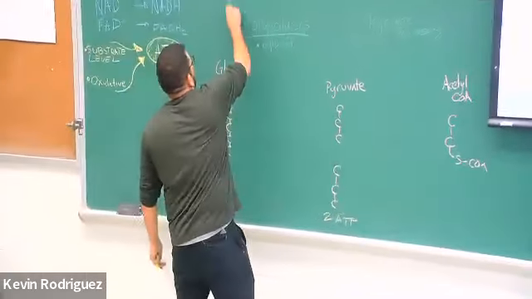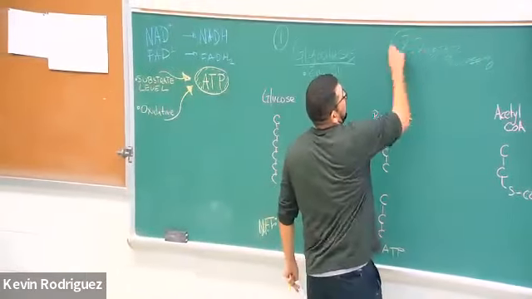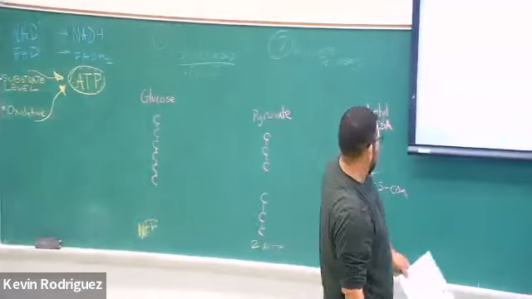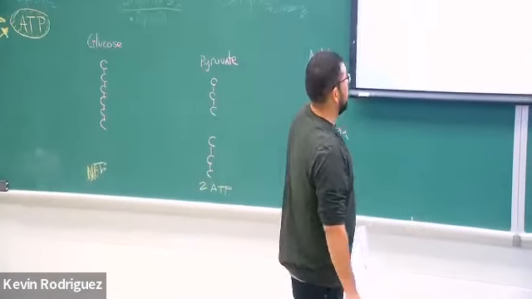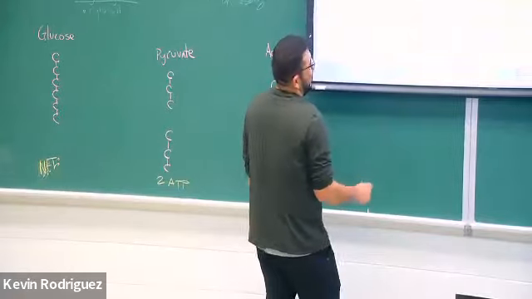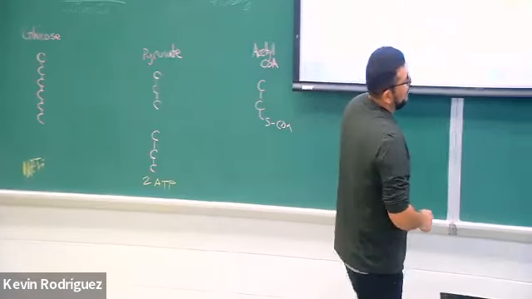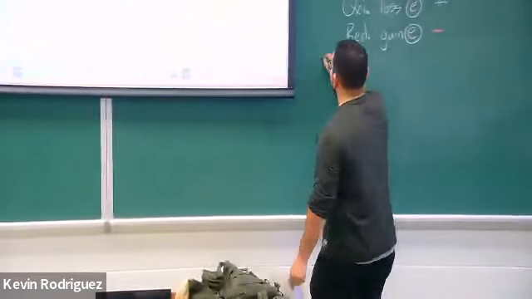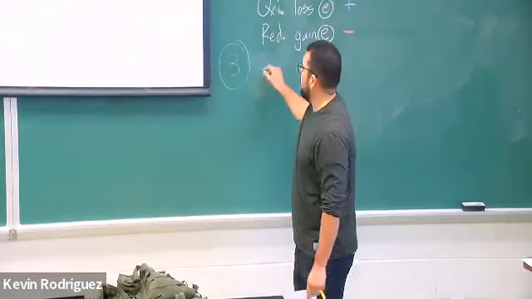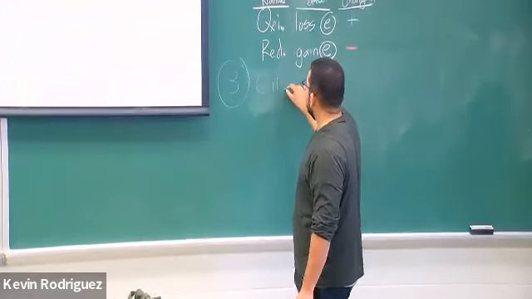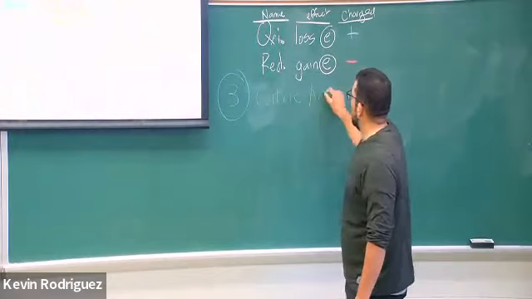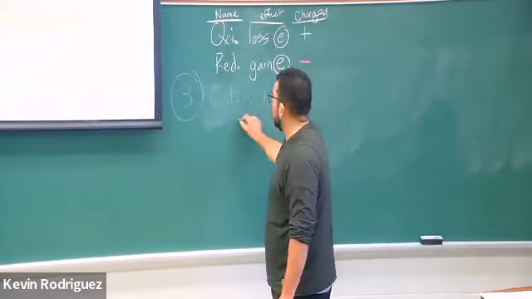So 1, 2, oh God, I need more space, guys. So I'll do it over here. All right, sorry guys, it's gonna look a little bit messy. 3. It's going to be our citric acid cycle.